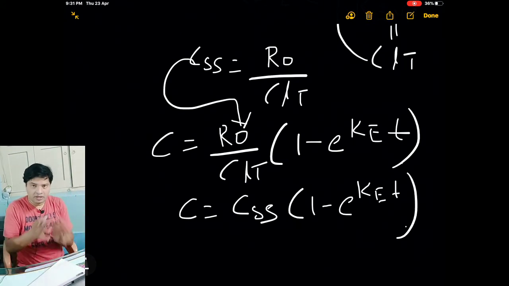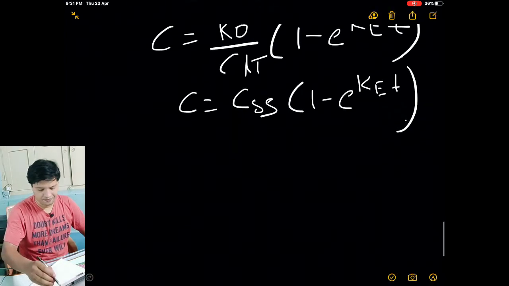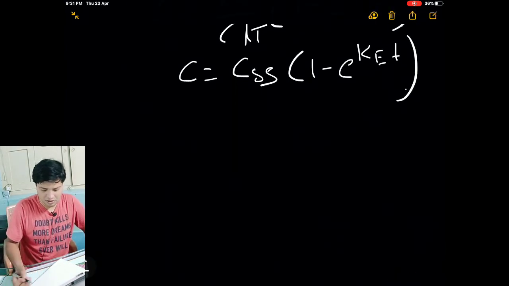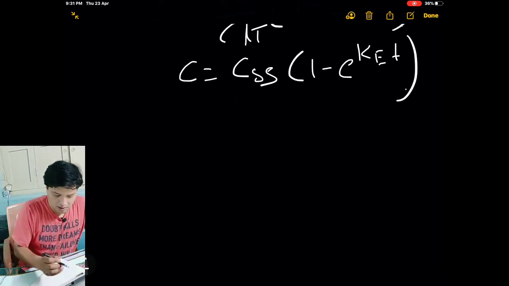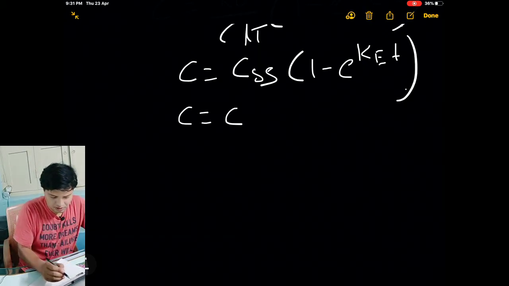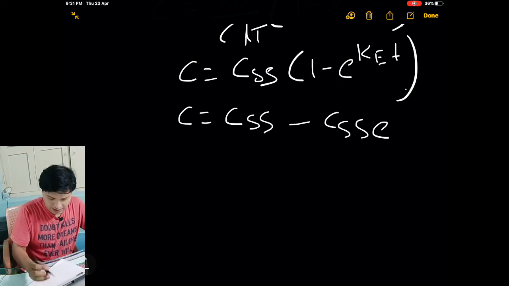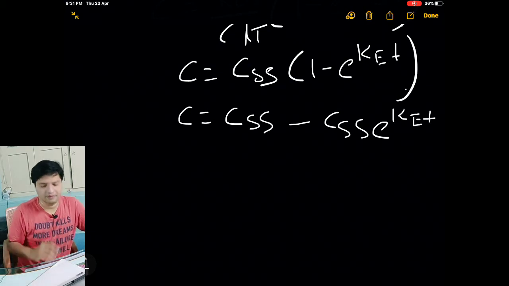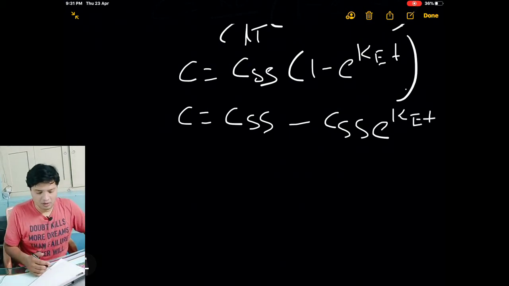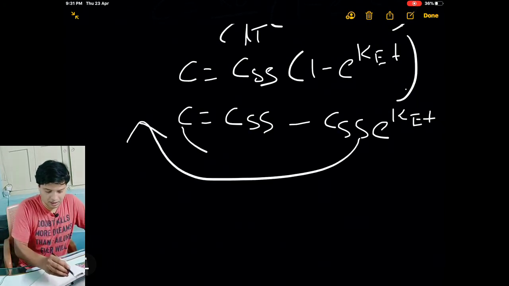Now we will try to rearrange this equation and try to draw the graph for this equation. So rearranging, just multiply this. Concentration is equal to steady state concentration minus steady state concentration into e to the power of minus Ke T. Take concentration to this side and this term to the other side.